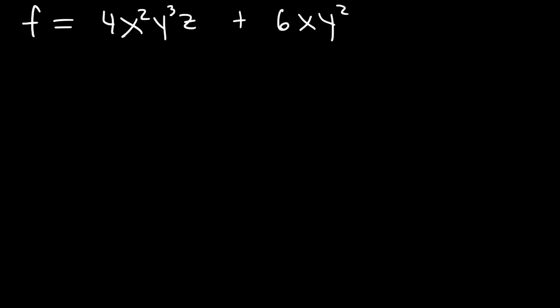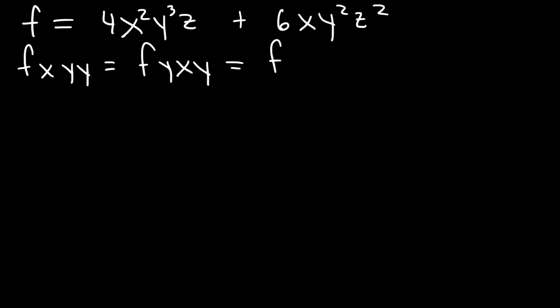Now let's say that f is 4x squared y cubed z plus 6x y squared z squared. And let's show that fxyy is equal to fyxy, and let's show that's equal to fyyx. So first, let's find fx.